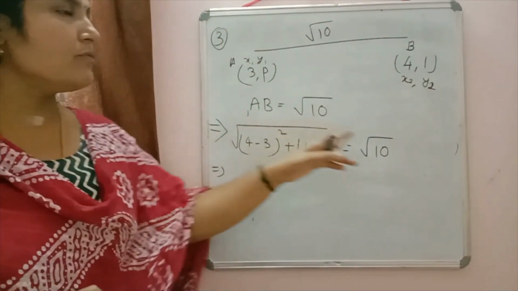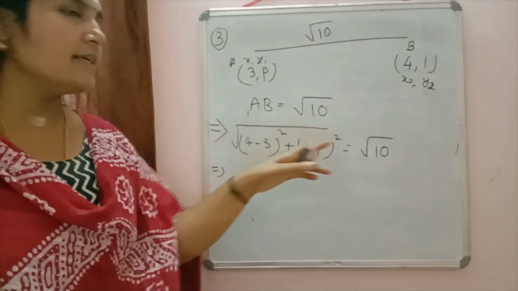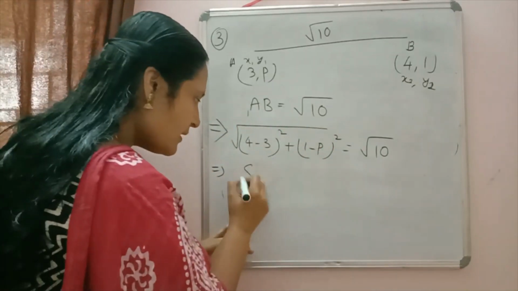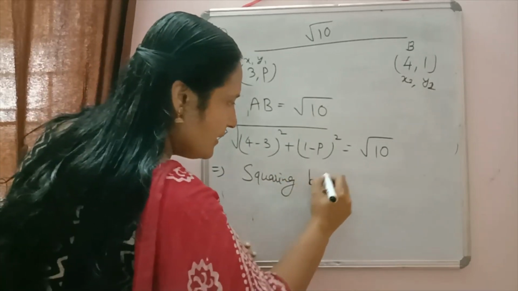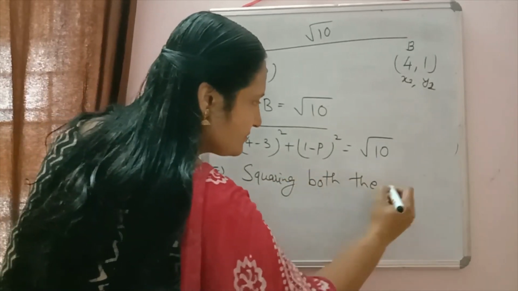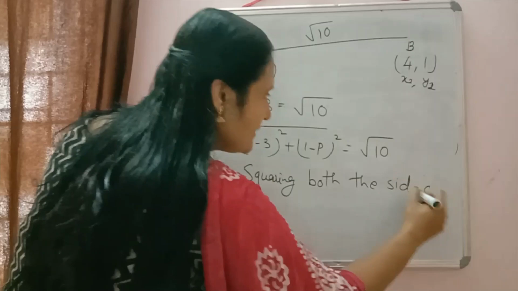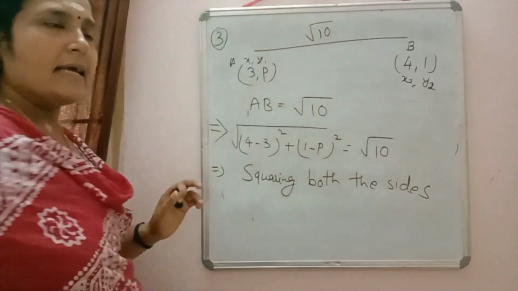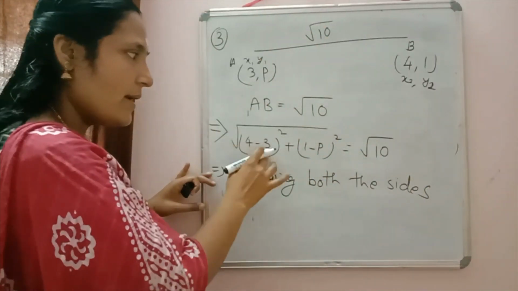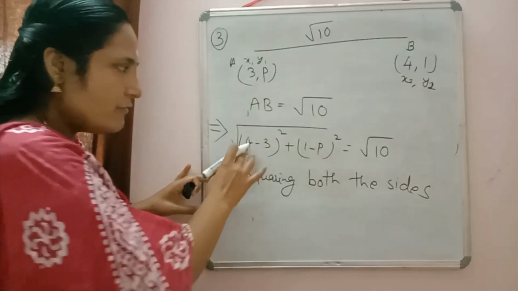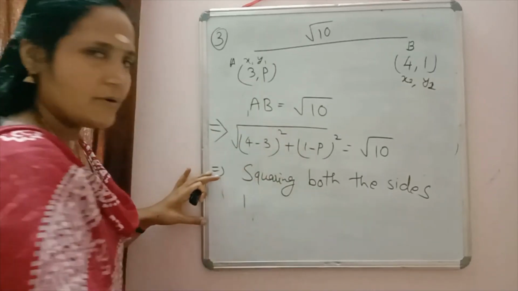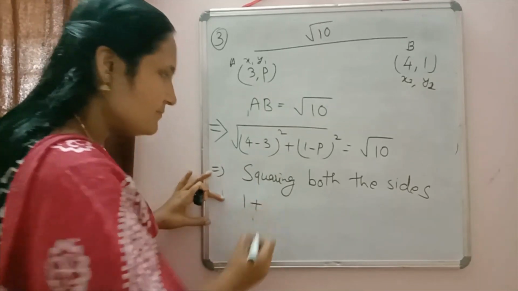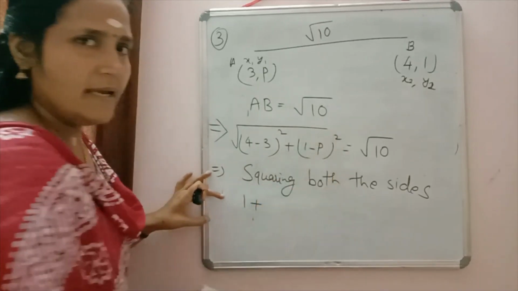Simplification in square root will be difficult there. So to avoid this square root, what will we do? Squaring both the sides. Then on both the sides, the square root will get cancelled there. So remaining now, I am expanding. 4 minus 3 will be equal to 1, and 1 square will be equal to 1 only, plus 1 minus p the whole square.